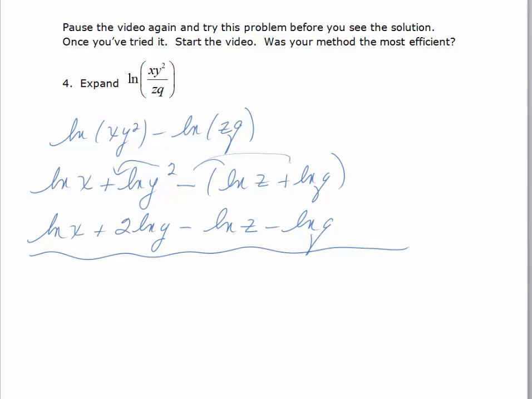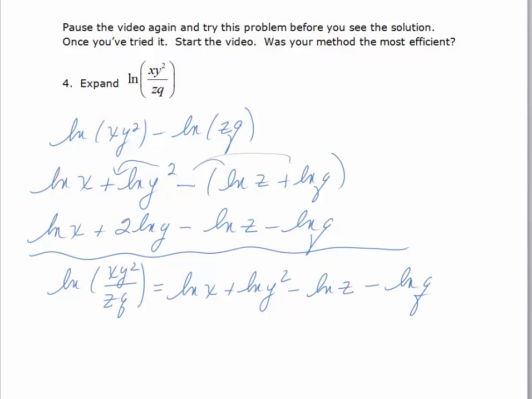And so kind of paying attention to that, let's first deal with this. We can deal with all the products and the quotients in one step. So we'll start off with the log of xy squared over zq, and I'm going to rewrite that as the log of x plus the log of y squared, because I know the factors in the numerator will be positive logs, and then I'll have minus the log of z minus the log of q, and then in the next step I'll bring that 2 down, or you could even bring that down in the last step.